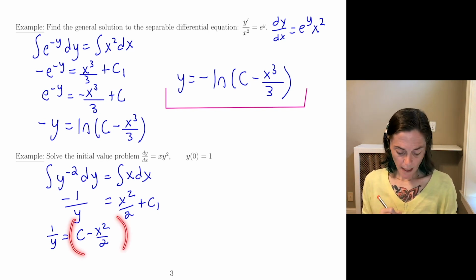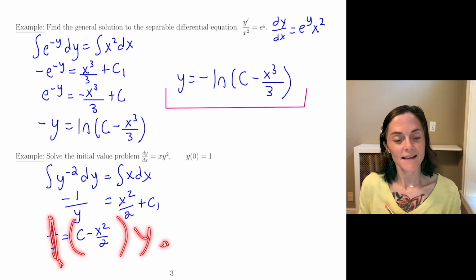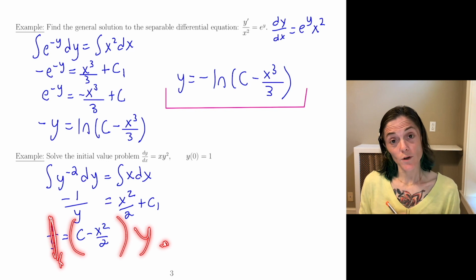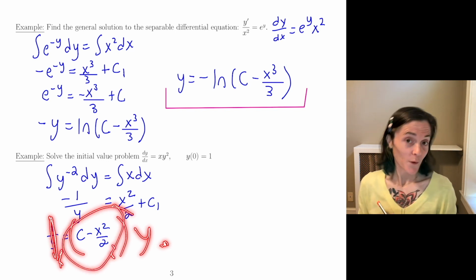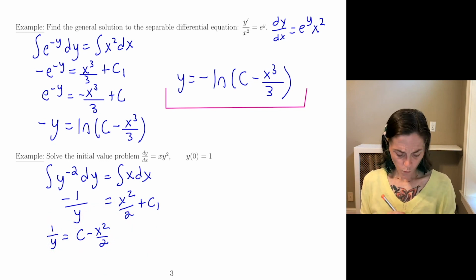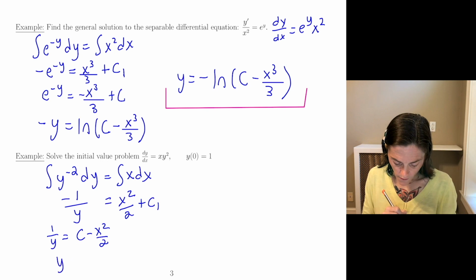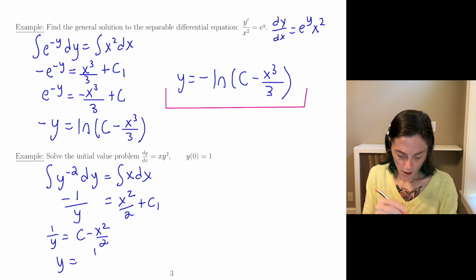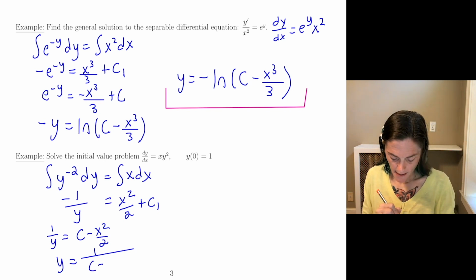You could multiply here, and then we would get 1 is c minus x squared over 2 times y, and then just divide by this. That would work. Or if 1 over y is this, y itself is 1 over c minus x squared over 2.